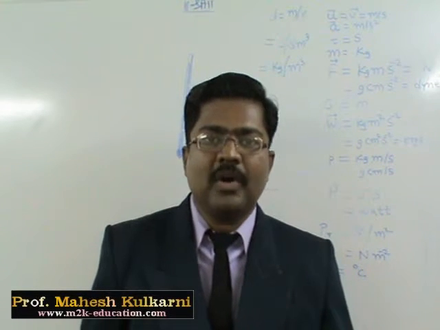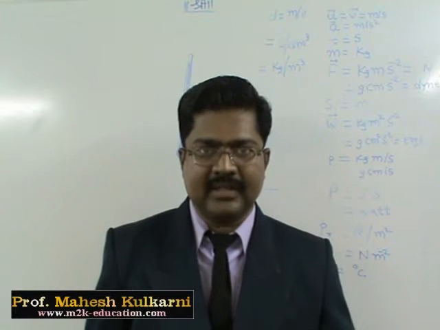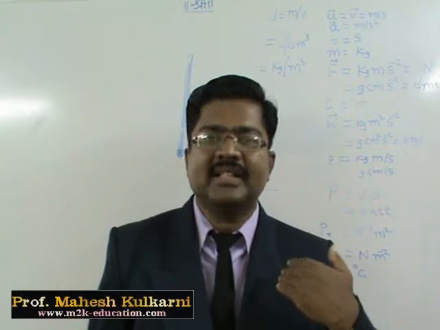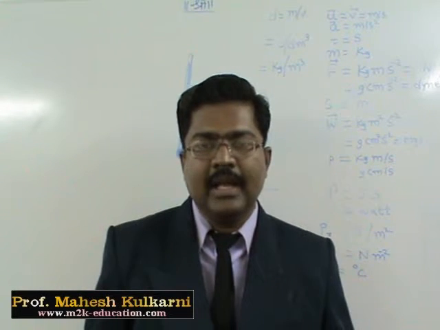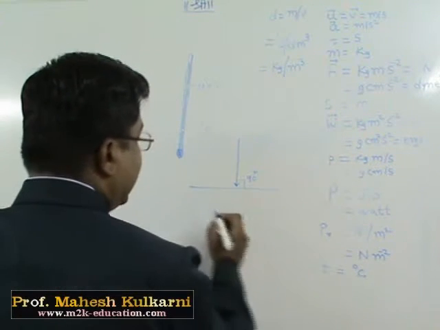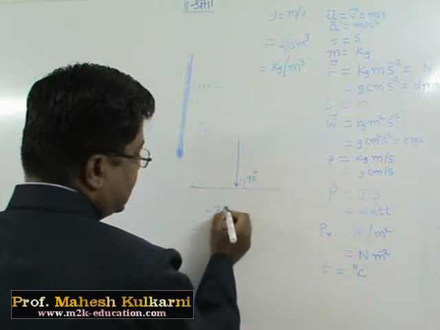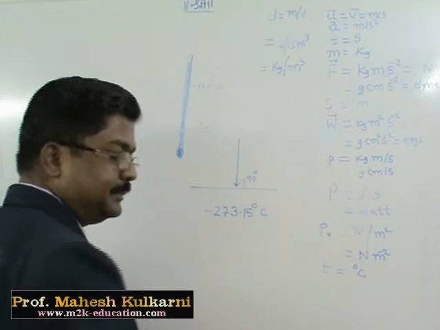What is the minimum possible temperature in this world or in this universe? Suppose we are moving in space, then what is the minimum temperature possible? With our knowledge so far, we calculate that the temperature is 273.15 degrees Celsius below zero.